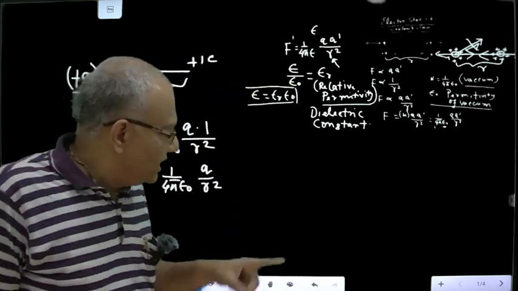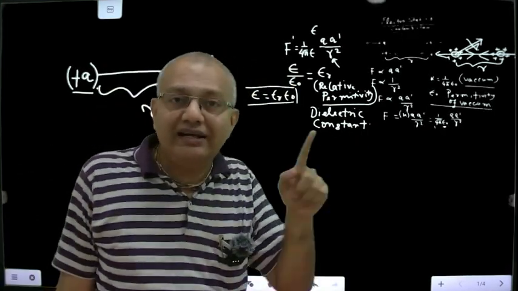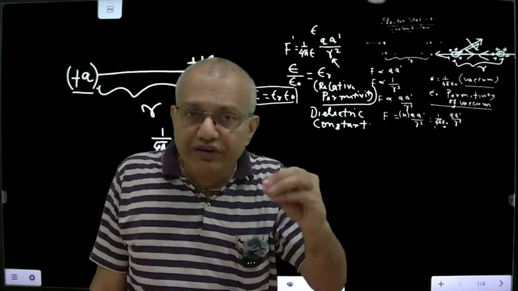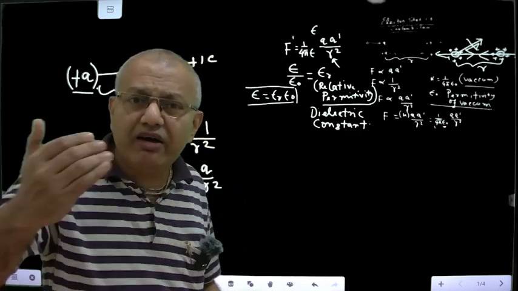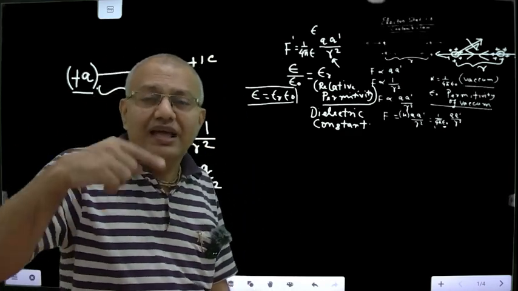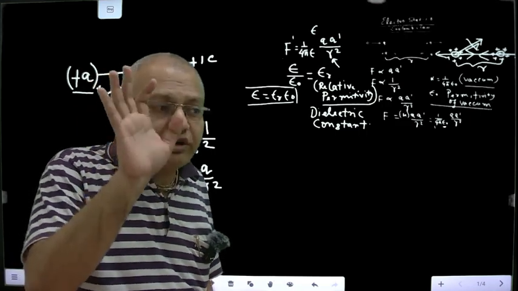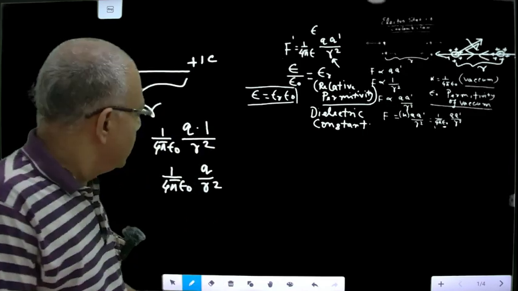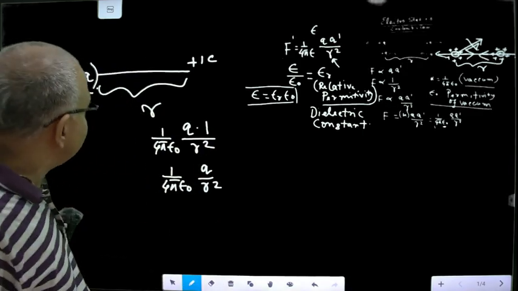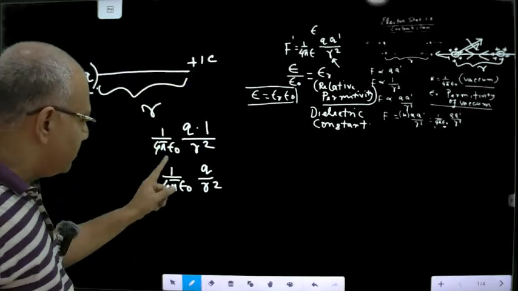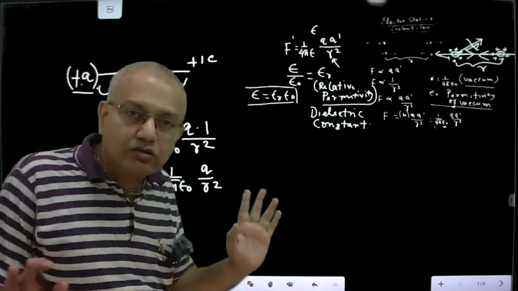It is called the electric field intensity at that point. Every time we are not going to say electric field intensity; we are going to say electric field. So what is the value of the electric field due to this plus Q at distance r? It is 1 by 4 pi epsilon naught Q by r square.